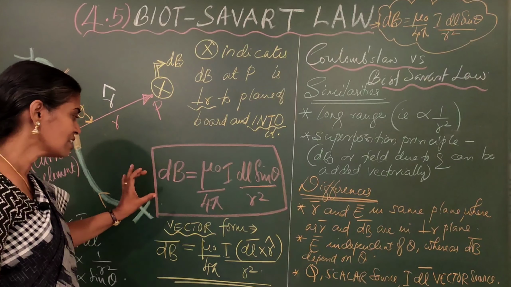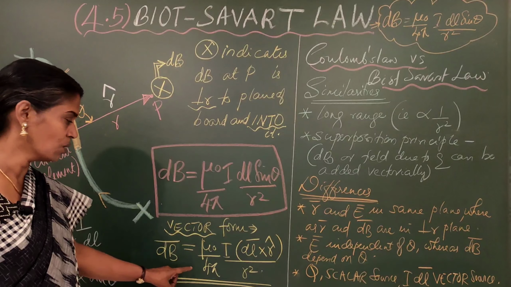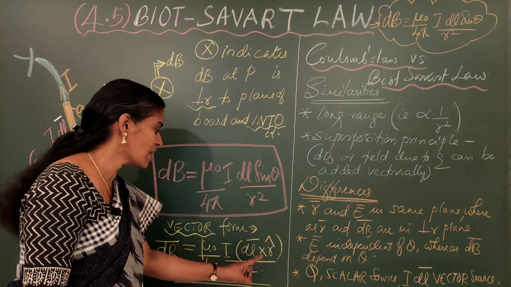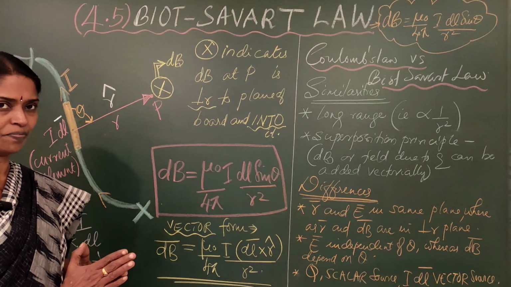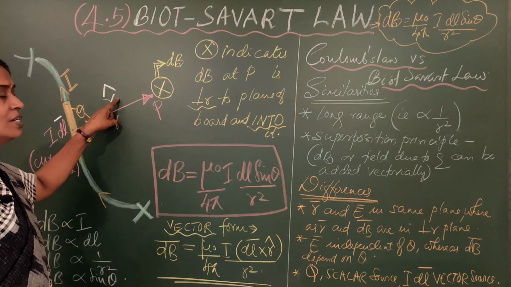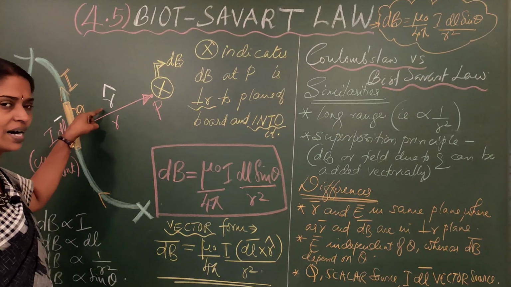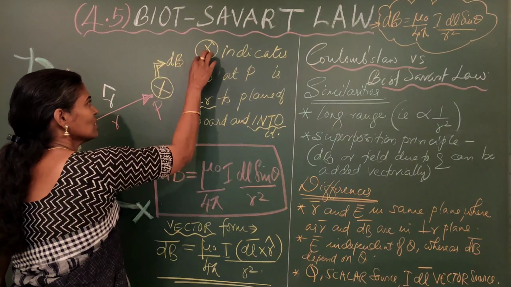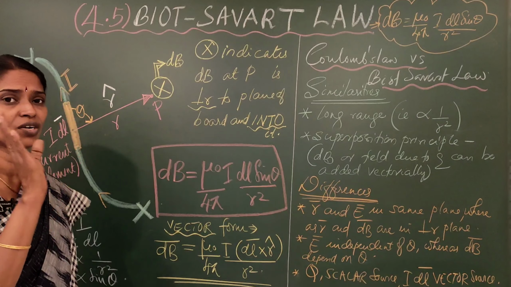So to write it in vector form, we use the equation dB bar equal to mu 0 by 4 pi, I dl bar cross r cap by r square. There comes the angle theta, dl bar cross r cap, the angle between dl bar and r cap. To find the direction, which is the direction given by the into mark, we use the right hand rule.